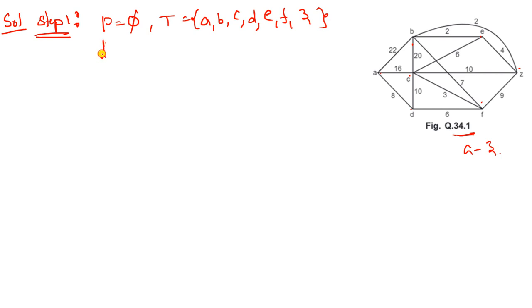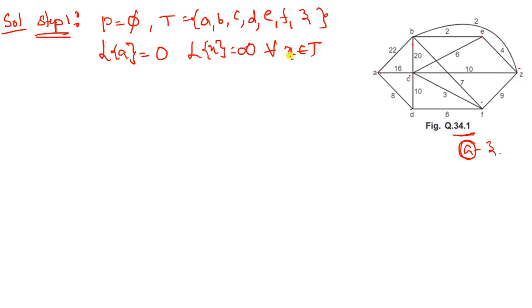Next, the length or label of A, first we have to initialize to 0, because our starting vertex is A, so we denote length of A is equal to 0. And then length of x is infinity for all x belonging to T. T consists of all the vertices.